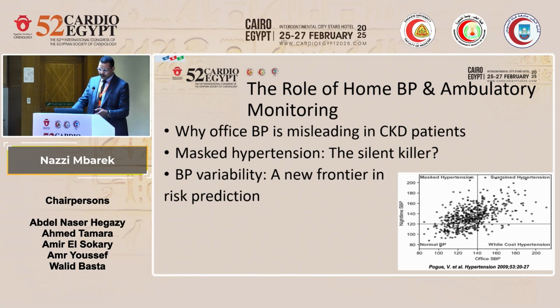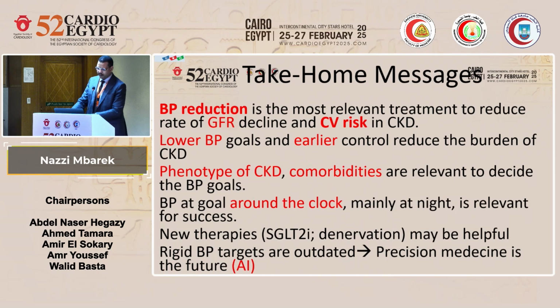So if you want to monitor a patient with chronic kidney disease, you have to perform ambulatory blood pressure monitoring. And you see here, the blood pressure at baseline was okay, but during follow-up of more than 1,000 patients, most of them have masked hypertension. So all the patients have to use this kind of device in order to set the treatment accurately.